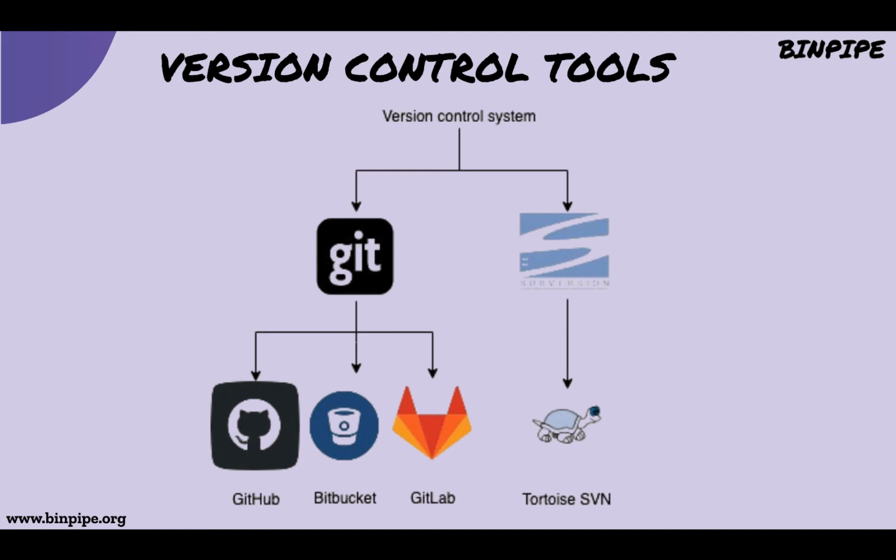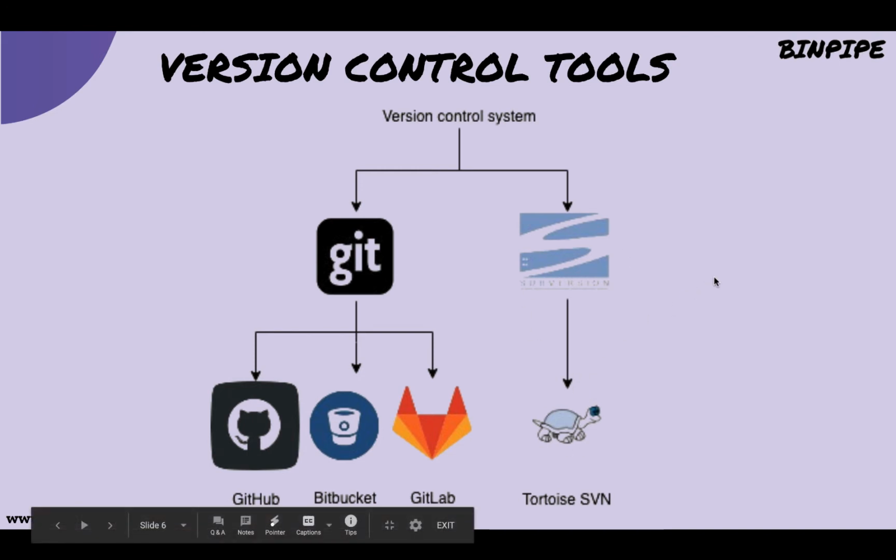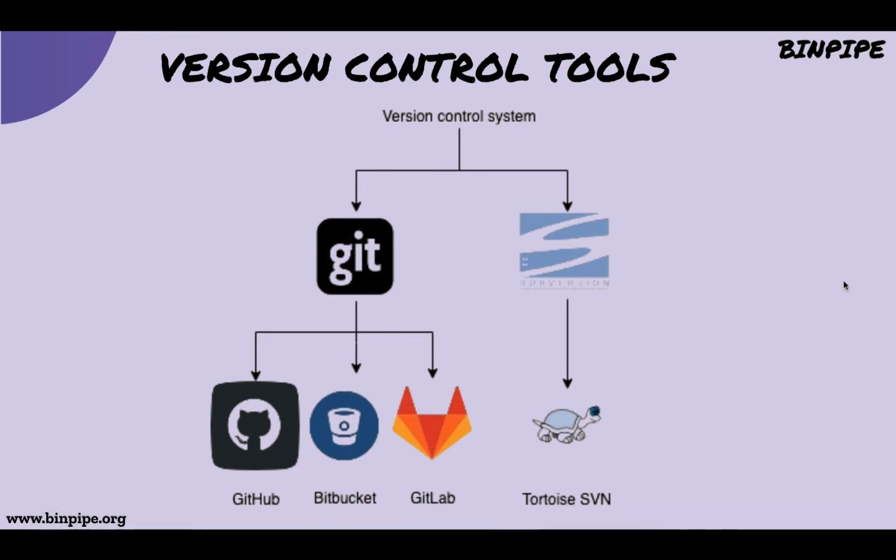Now Subversion or Mercurial are centralized version control systems. You have one central server where your code base is stored, and you have certain client software. Using those clients, you check out the code from the central server, work on it, push it back to that central server, and others do the same.